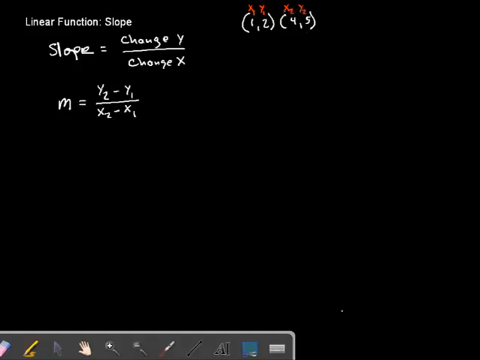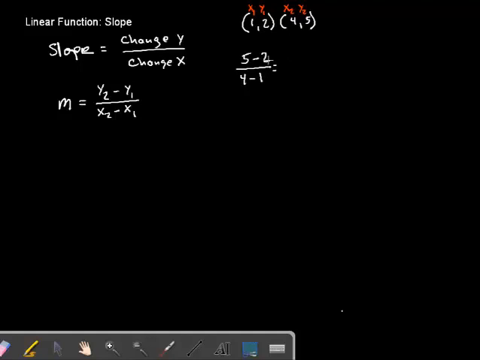So all we have to do is take these values, plug them into our equation, and we can find our slope. So y2 is 5 minus y1, which is 2, and that's going to be over x2, which is 4, minus x1, which is 1.